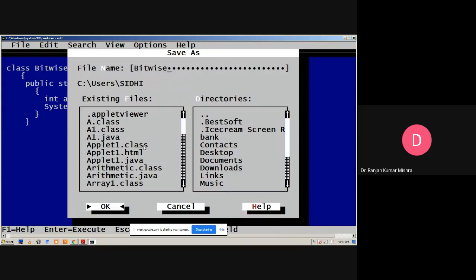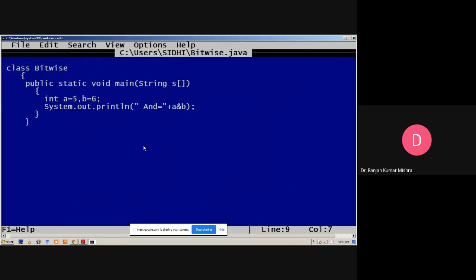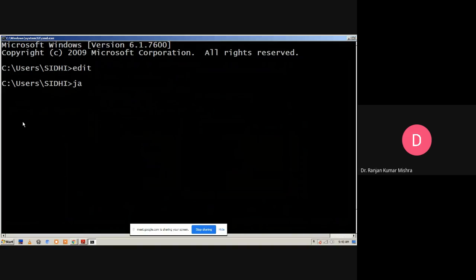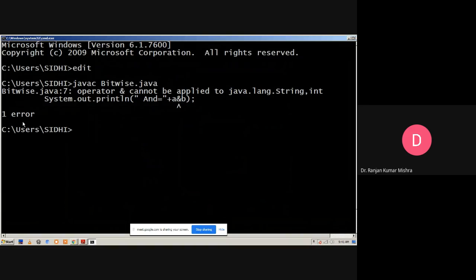Now Bitwise.java. Javac compiles the file, so we give the file name with the extension .java. Here we see the edit of Bitwise.java.